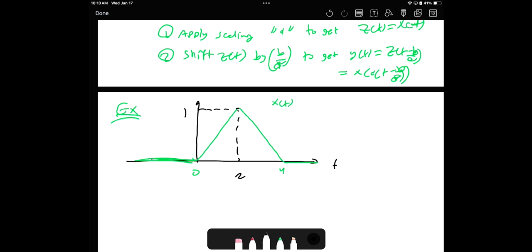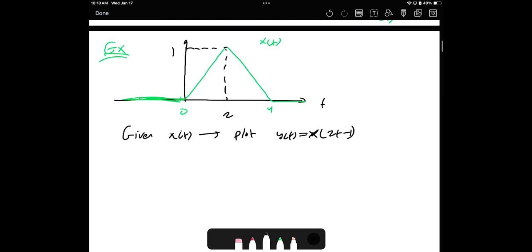So the question is, since we have given x of t, now we need to plot y of t equals x of 2t minus 1. How can we solve this question according to the procedure? The first thing, try to make the factor of t as 1.